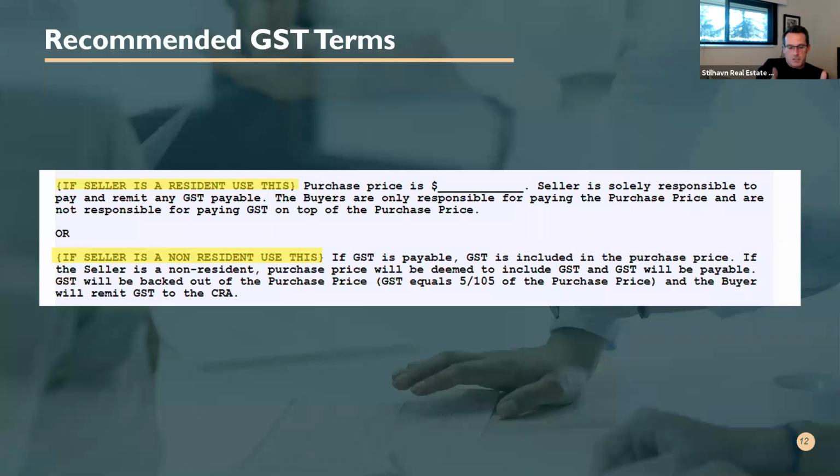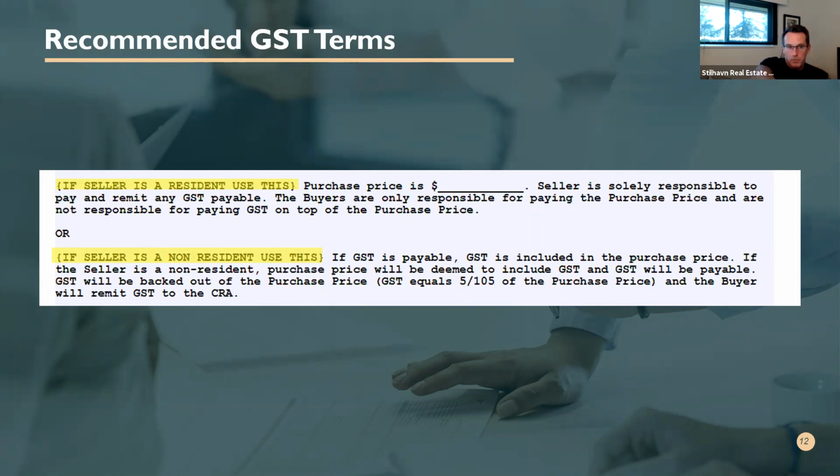Let's say it's a $500,000 condo, they turn around and sell for $800,000. What's going to happen on closing if you don't deal with it is the buyer will have to pay GST on $800,000. The seller's already paid the GST on $500,000, but he's going to get that back. So you need to make sure that you cover it.